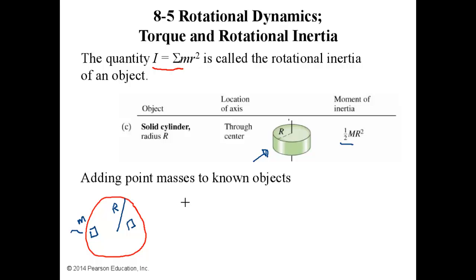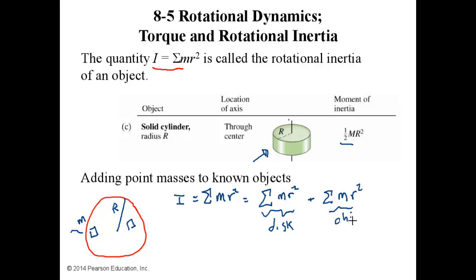What we can do is say, well, I know that the moment of inertia is going to be the sum of all the masses and their location from the axis of rotation. I can simply break this up into the moment of inertia of the merry-go-round, so I would just call that disk for simplicity, plus the sum of the masses and the radiuses squared of the children.